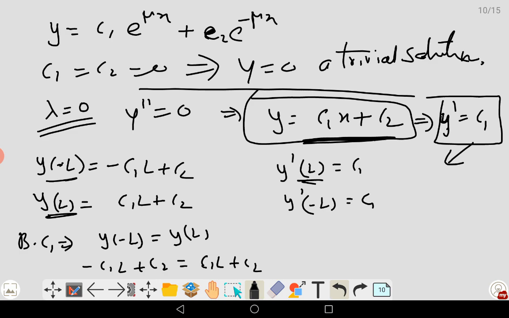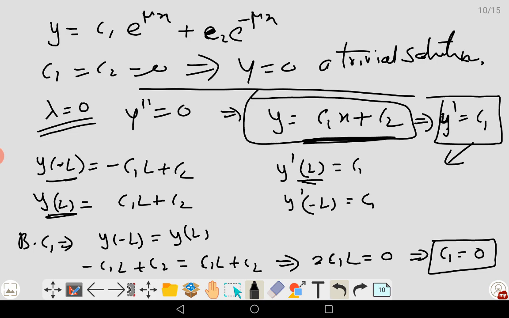C2 can be cancelled on both sides. You will get negative 2 C1 L, or 2 C1 L is equal to 0. This gives C1 is 0, not C2. C1 is 0.